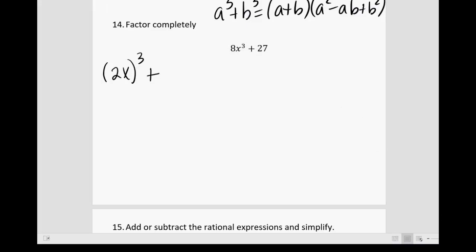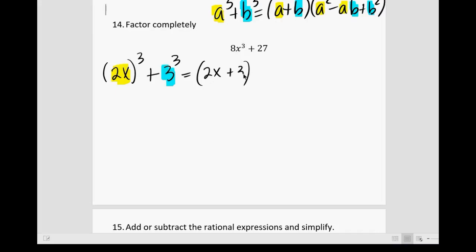What to the third power gives you 27 is 3. So A in this case is 2x, and the B is going to be 3. So you're going to plug in those values following the factor pattern.